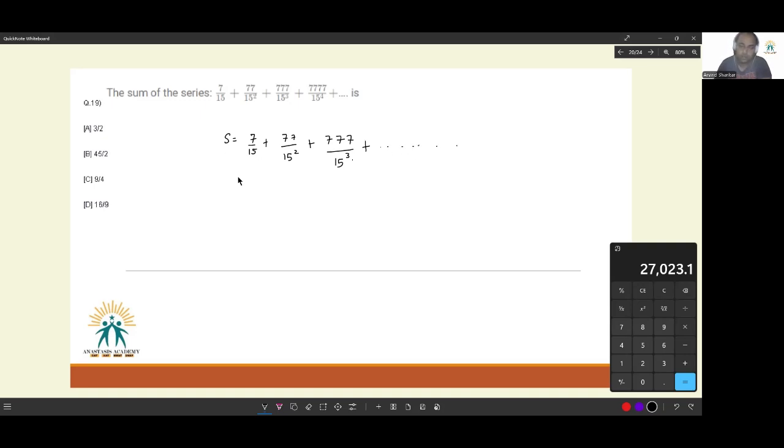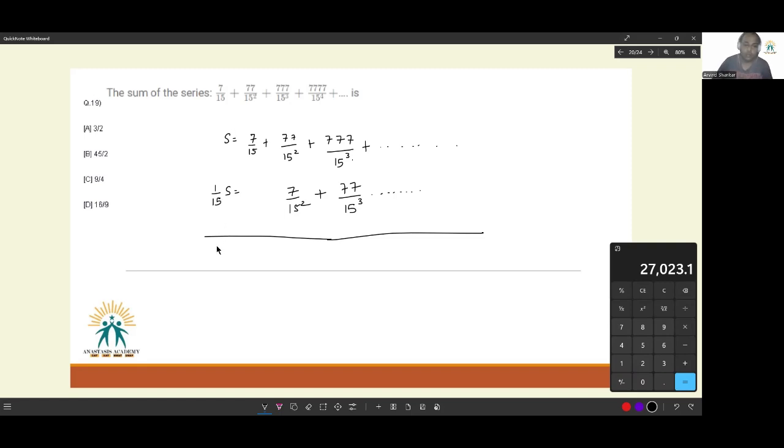First thing, we multiply everything by 1 by 15. So 1 by 15 S is equal to 7 by 15 square plus 77 by 15 cube, and so on. I'm not even taking care of the fourth term that they have given. Now, taking the difference, what will we get?